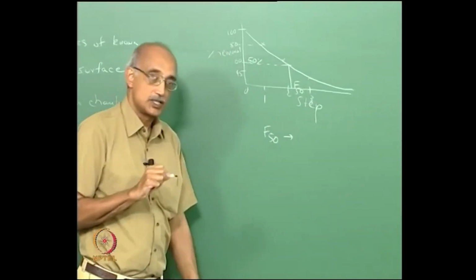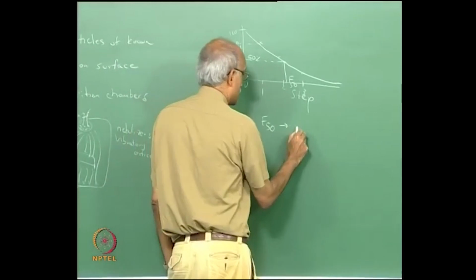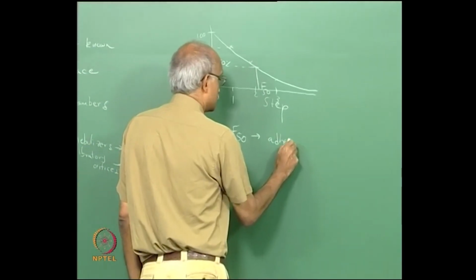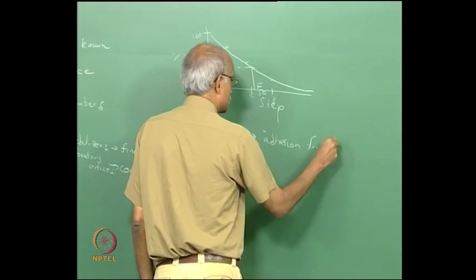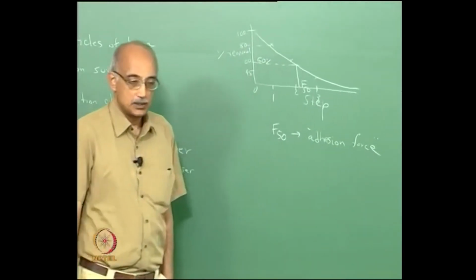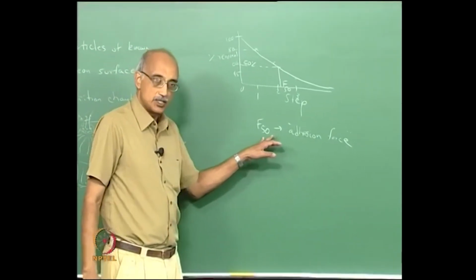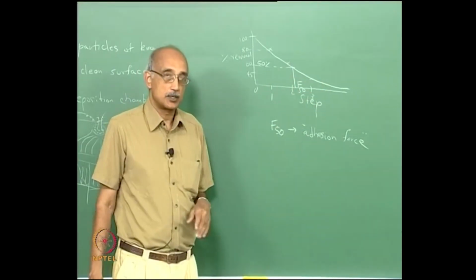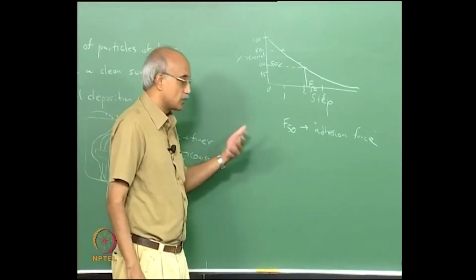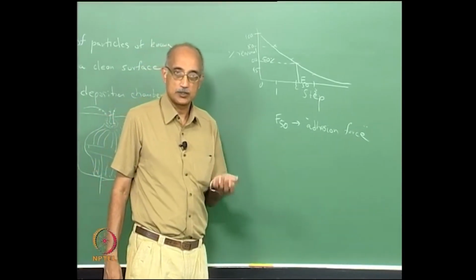Now, by convention, F50 is taken as a representation of adhesion force. Obviously in terms of absolute magnitude, this is not realistic, because when you apply this force you are still leaving 50% of the particles on the surface. So, consider it more like a half-life definition. This is what it takes to remove 50% of the material.